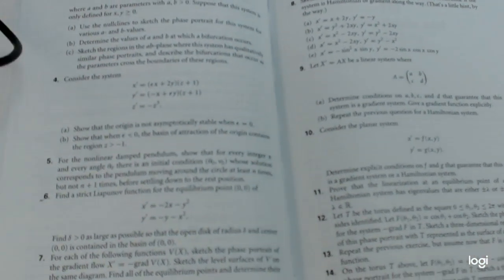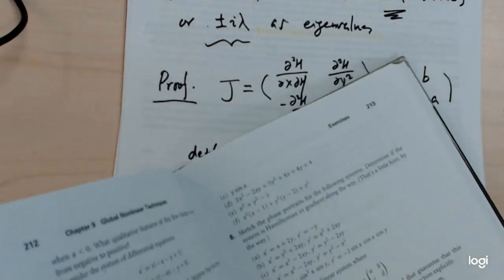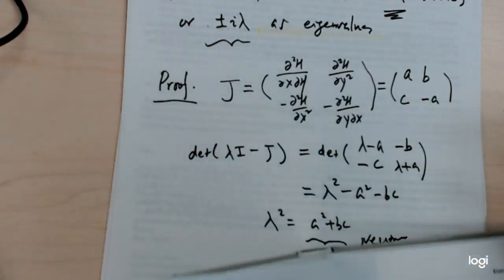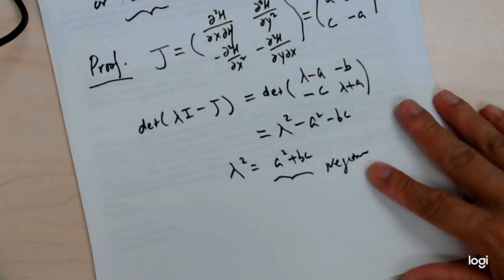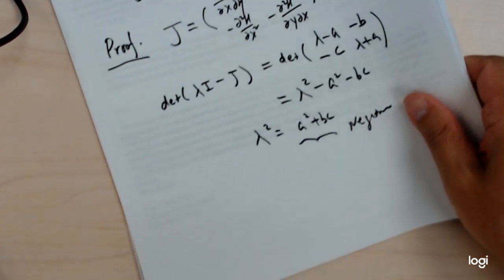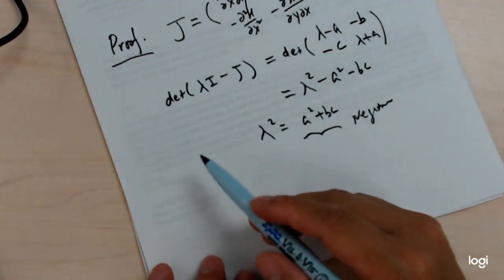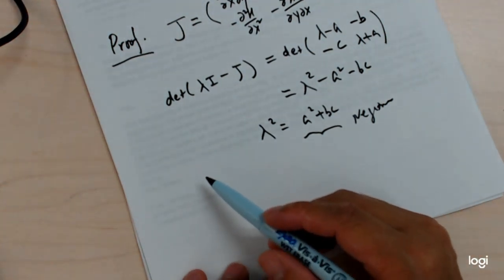In the textbook, well, unfortunately, you can't see it. There are some exercises, and this is on page 213. I want you to dig that out. There is a problem like this. By the way, this is the end of this lecture, 9.4, and the rest is me asking you to do some exercises.